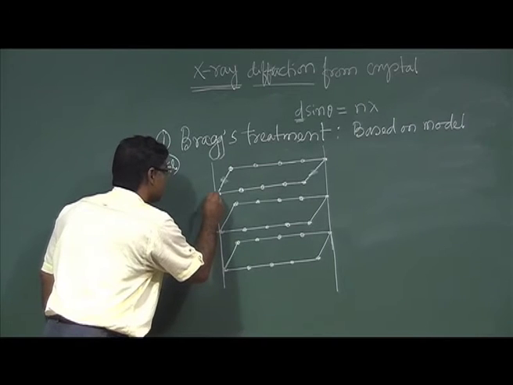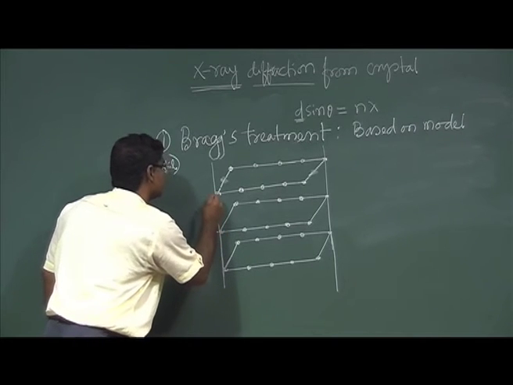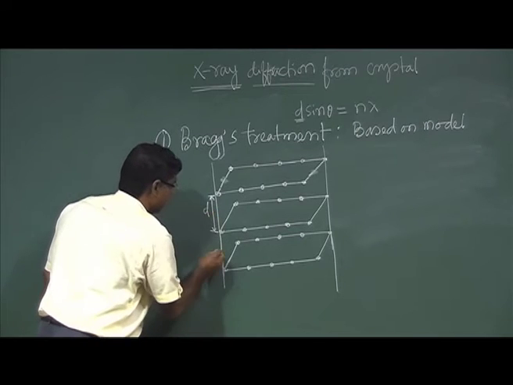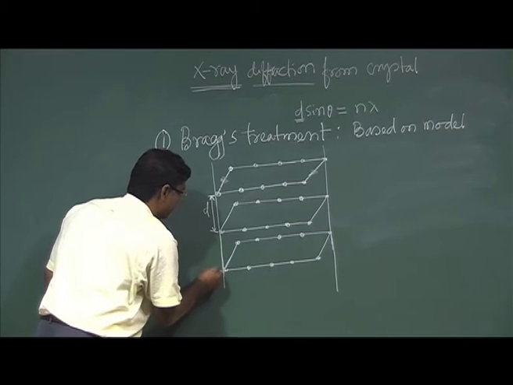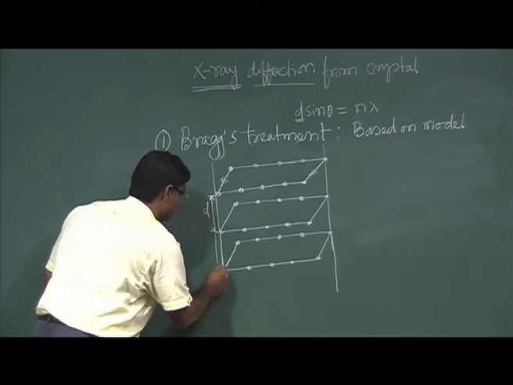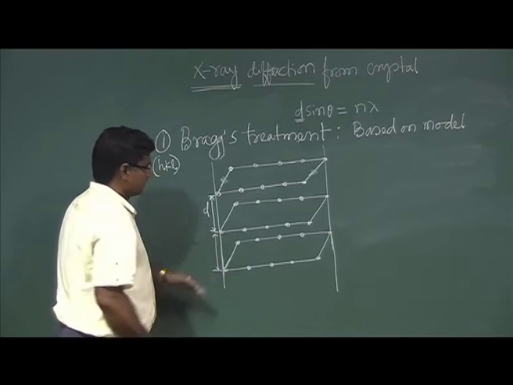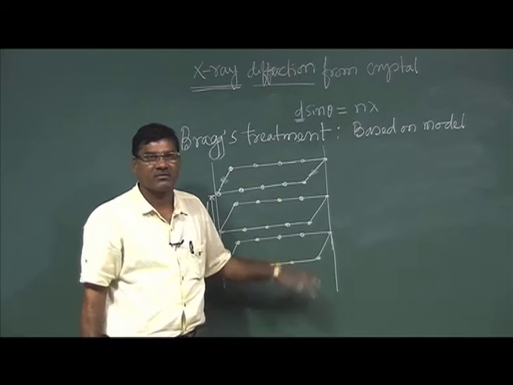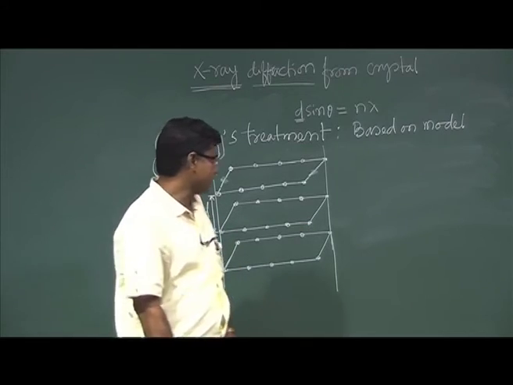This is D, the lattice spacing, and an infinite number of these planes are there.